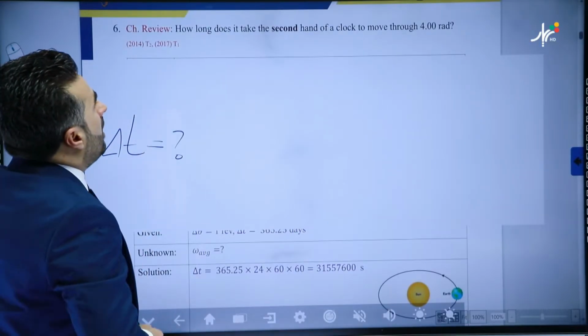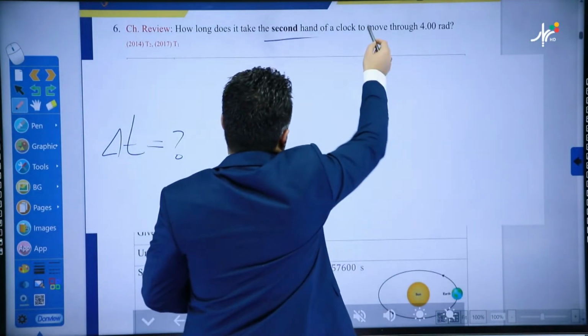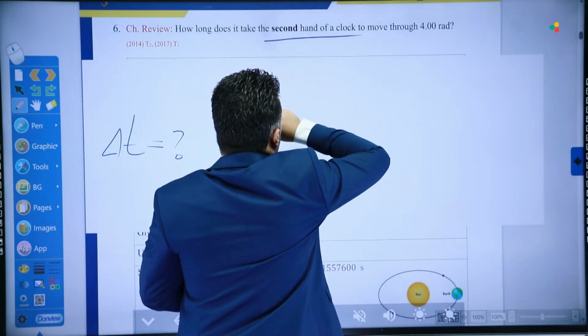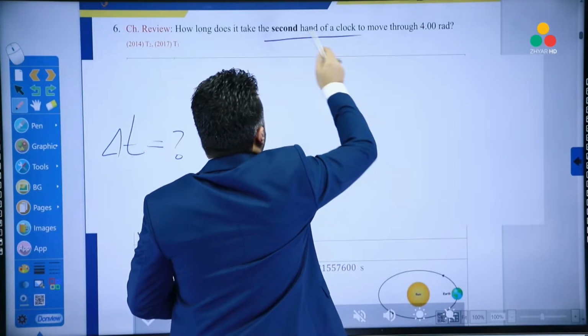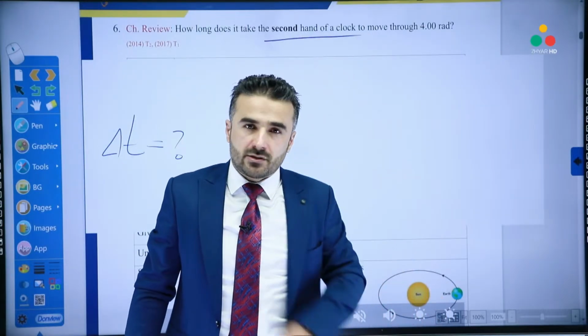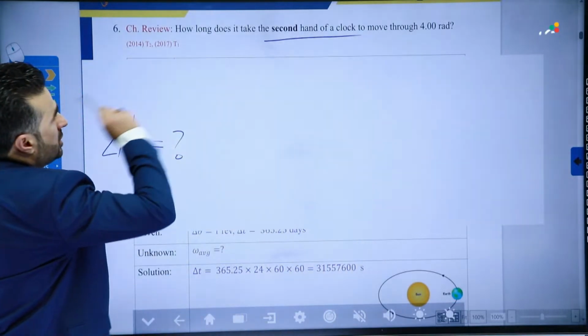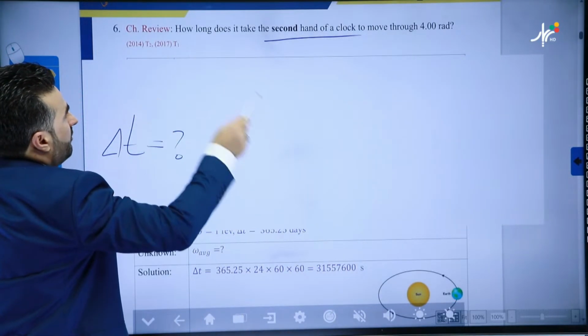It says for the second hand of a clock, remember this, because it talks about the second hand of a clock, if you mention the direction, that is going to be negative because you know that the second hand is going to move clockwise, correct? So that is a negative. Okay, so it says to move through 4 pi radian.